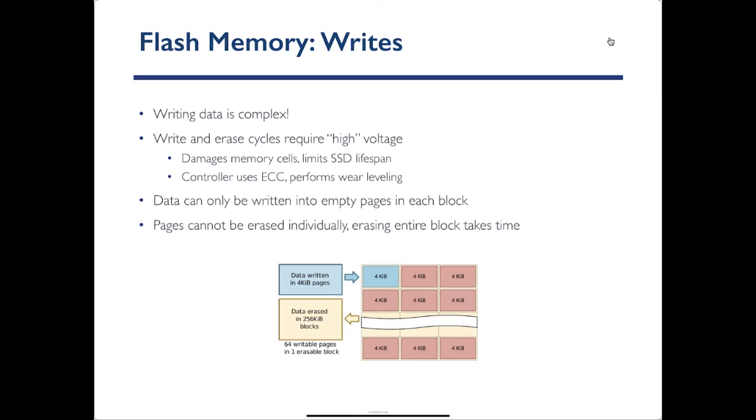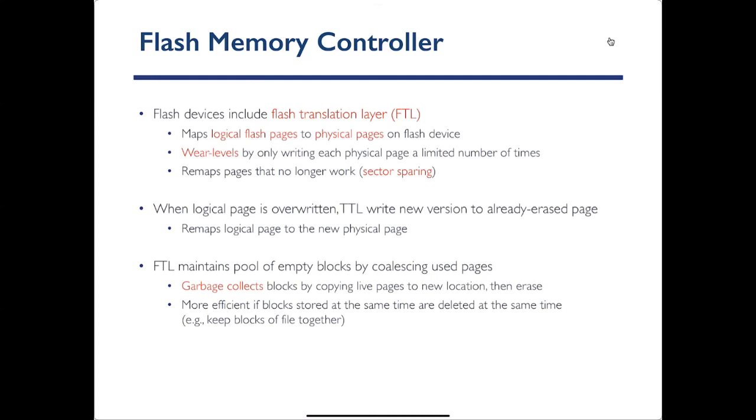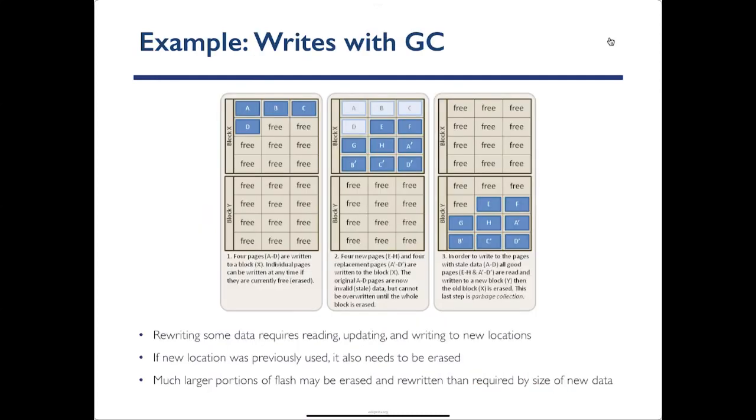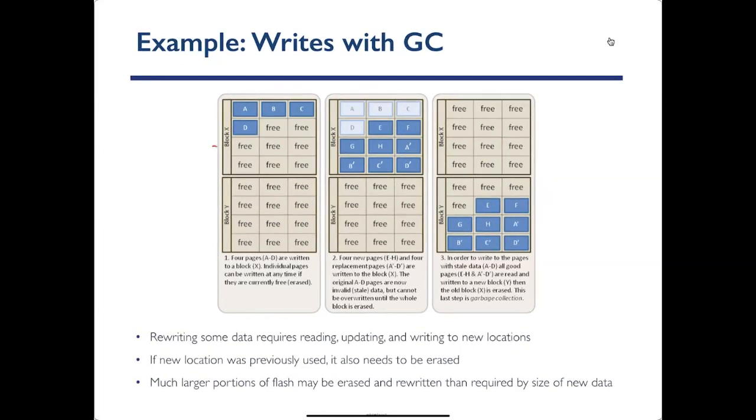Now, let's see how we can deal with these constraints. I'm gonna gloss over this one and then I'll come back to it. So let's assume that you have two blocks here, block X and block Y. Let's assume that initially both of them are free. Then you write A, B, C, and D. So this is the first thing you're gonna do.